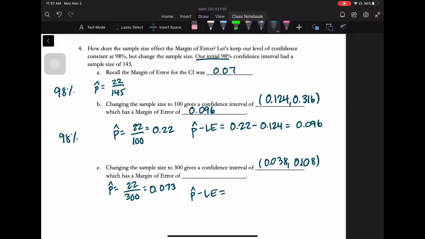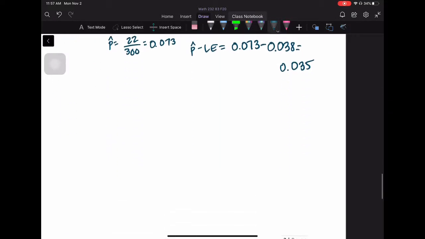Let's see if we can find the same pattern for the next problem. Our p hat of 0.073 minus 0.038 is equal to 0.035. Our sample size went up and our margin of error went down. So let's generalize that.